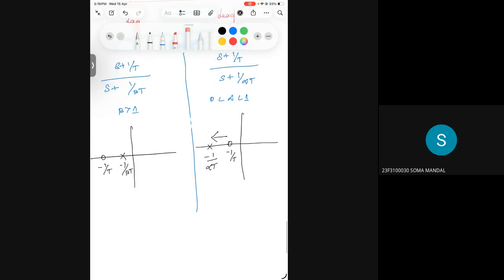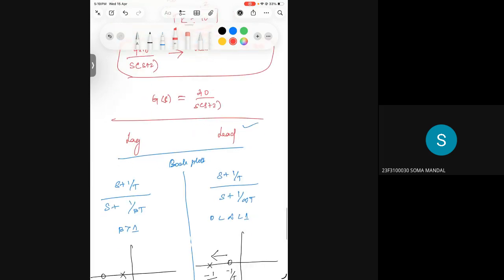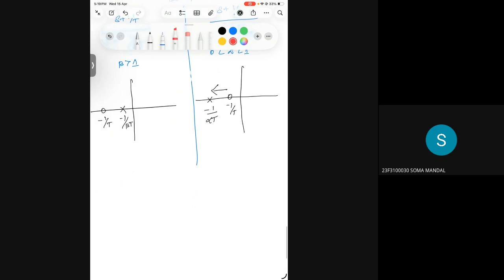Ma'am, why do we call it lead and why lag? That is because of how it improves or shifts your phase and gain margins in your Bode plot. For example, a lag compensator's Bode plot will look something like this.